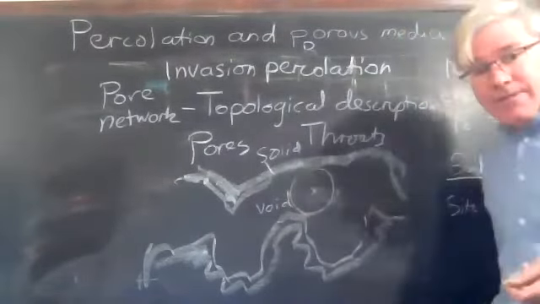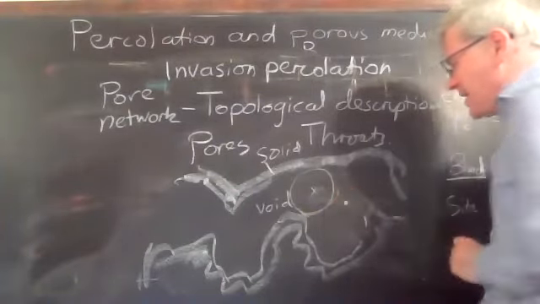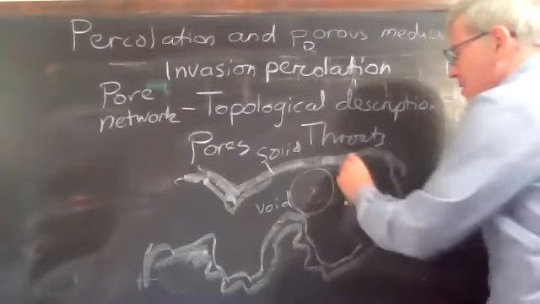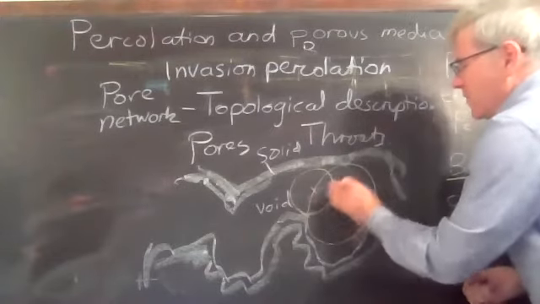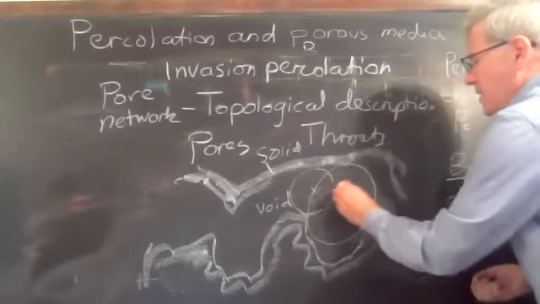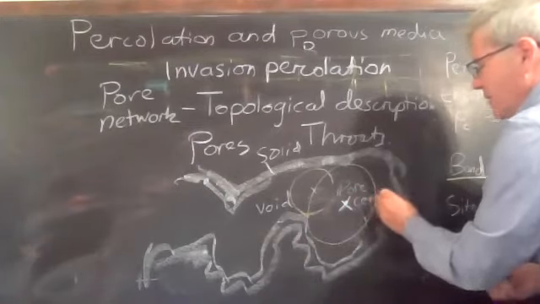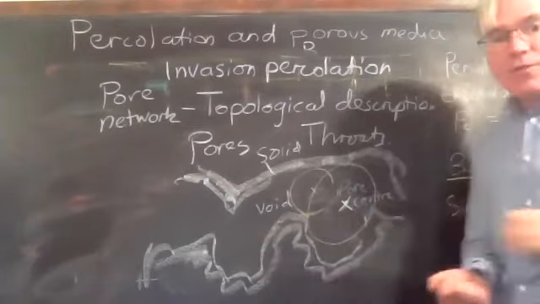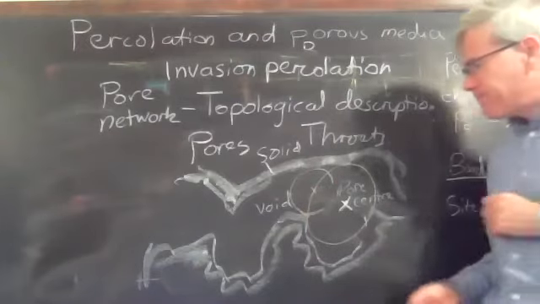A pore is defined as having a center where you draw the largest sphere that can fit in the pore space. So where there's the largest sphere, the center of that sphere is the pore center, okay? So that's the center of a pore. Any other place surrounding it will have a smaller sphere.